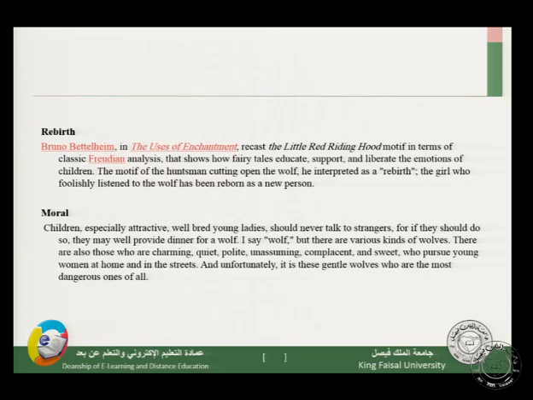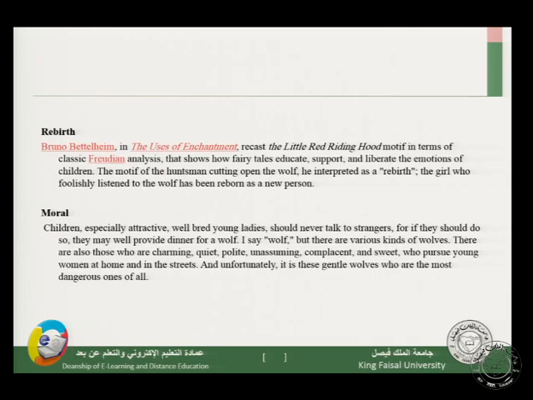The wolf here can also be a symbol. It doesn't mean just a wolf in its literal meaning; it could be a symbol of the human beast, wolves in the shape of human beings.